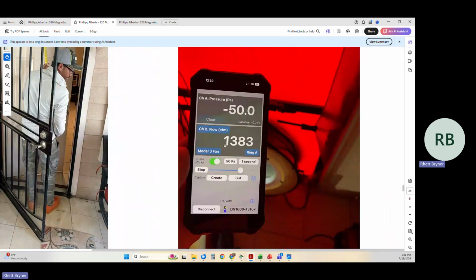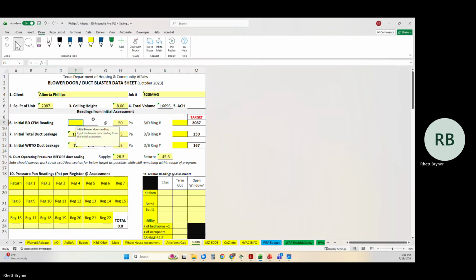We got 1,383 CFM. That's cubic feet per minute of air at -50 pascals. That was set on ring A. You can see ring A in the background. So we'll go back to our report. Okay, so that was 1383.